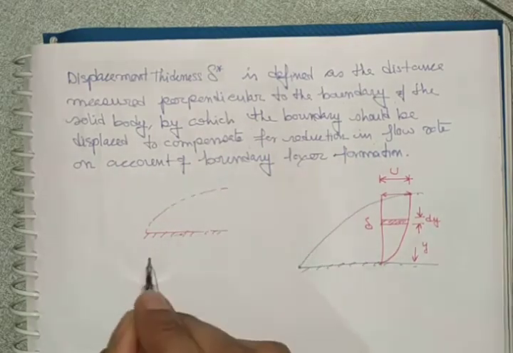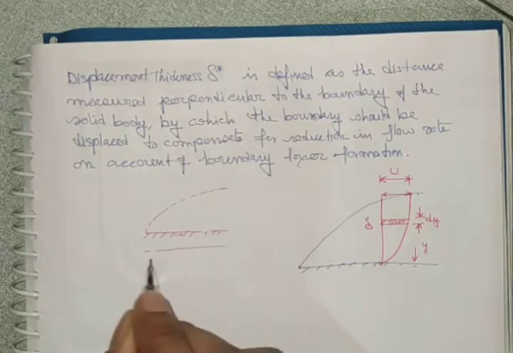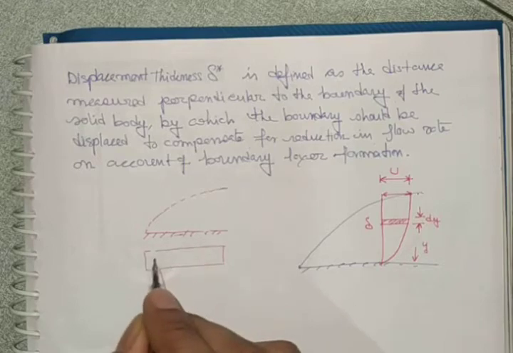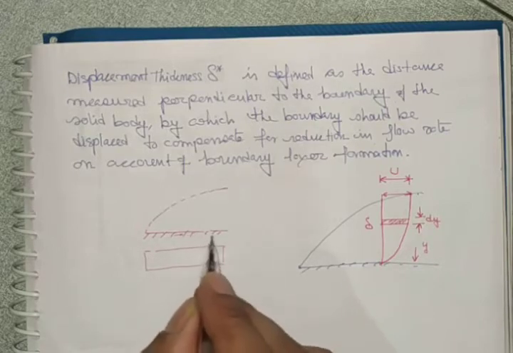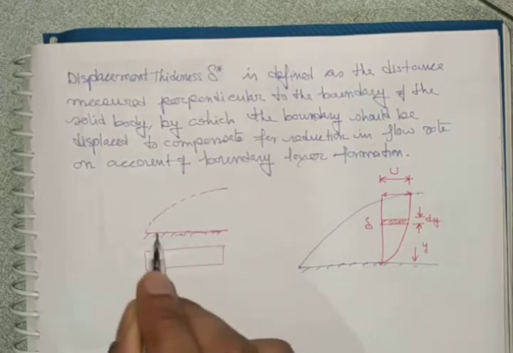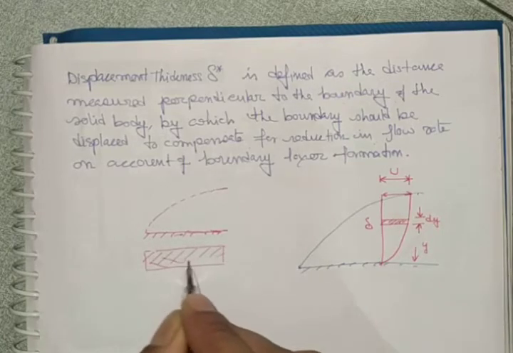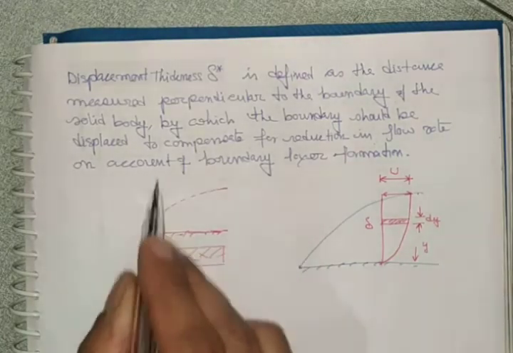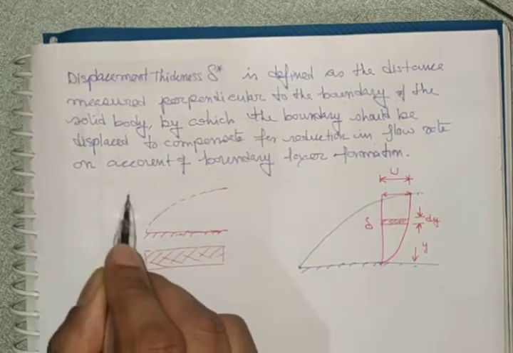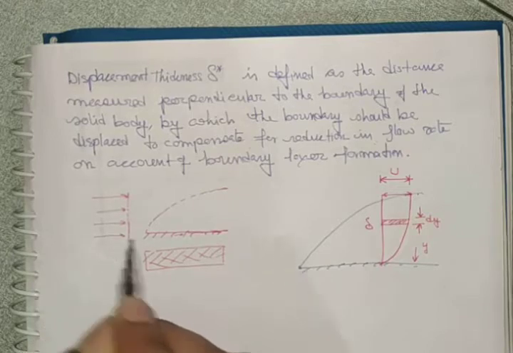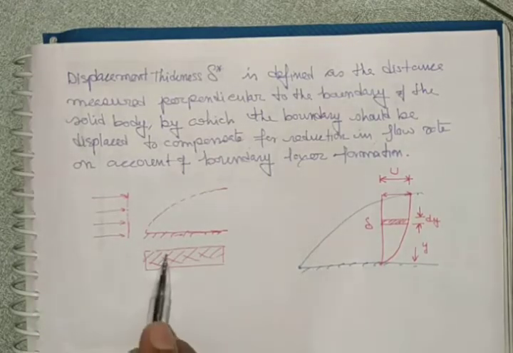When you observe from the top, this boundary will be like this. From the top, this stationary body is like this. So when a free stream moves in this direction, it will pass over this.